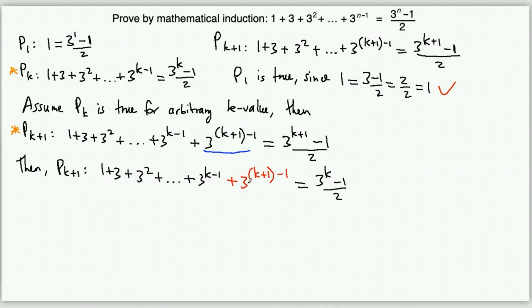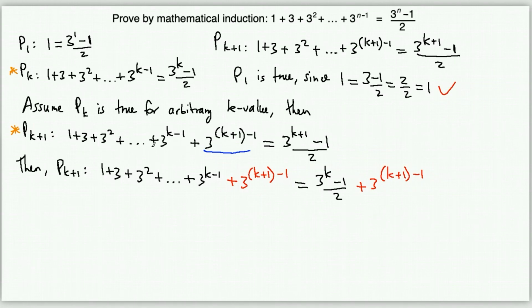But since we added it on the left side, we also have to add it on the right side, right? So it's going to be plus 3 to the k plus 1 minus 1, okay? So now our task is to basically show that the P(k+1) statement is true.